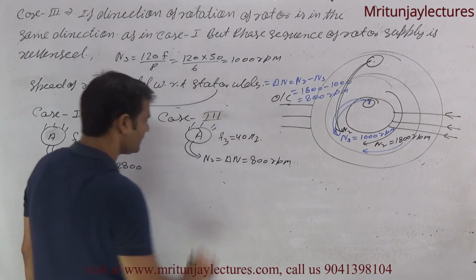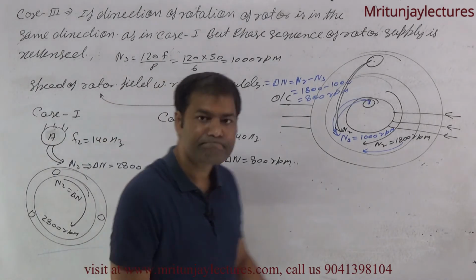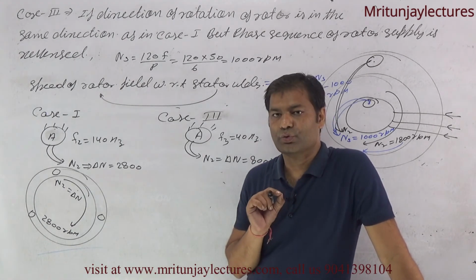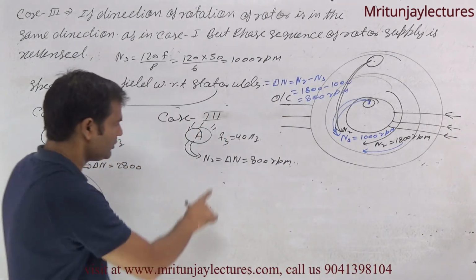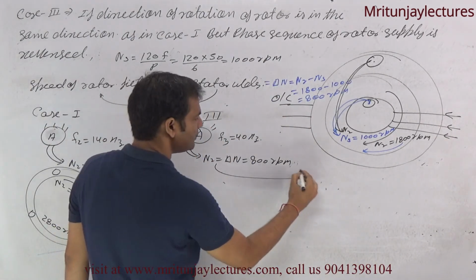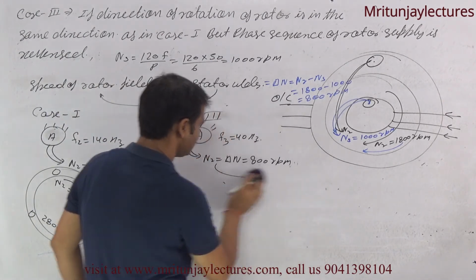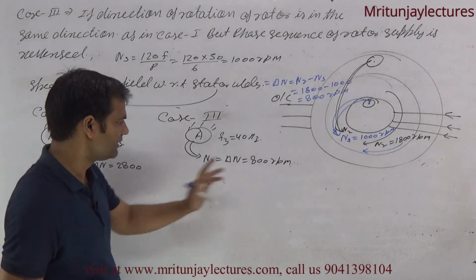Clear? N2 means you can say the speed of the rotor field with respect to the stator winding. Clear? If in doubt, the rotor field, already you have written as the speed of the rotor field with respect to the stator winding. So clear?